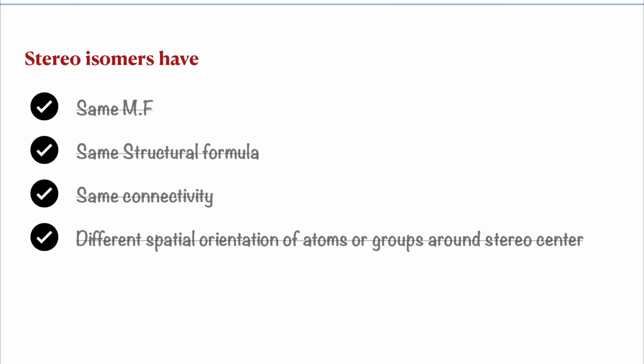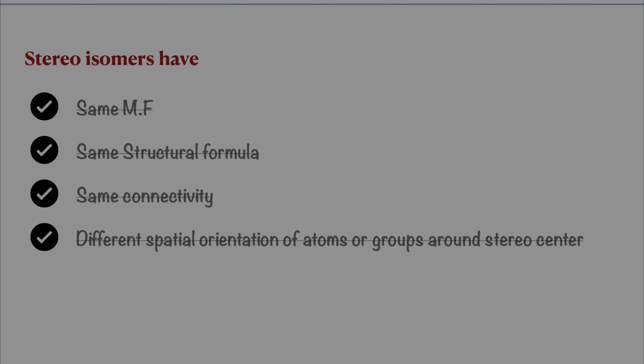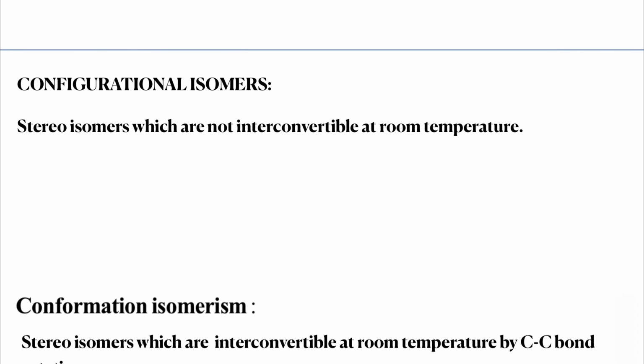That means we are introducing one more term, that is stereo center, stereogenic center. We'll understand the definition of stereo center and stereogenic center in the next subtopic. So these are the characteristics of stereoisomers. Now let us take the types of stereoisomers. Stereoisomers are classified into two types. They are configurational isomers and conformational isomers.